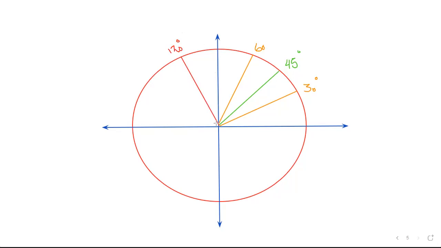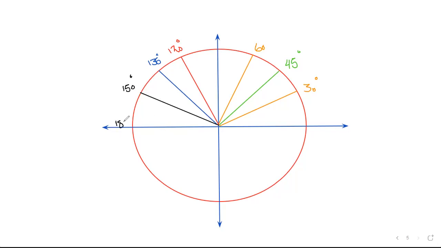And I'm just going to build 135 degrees. Now, I'm just going to move a little bit further, and I'm going to build the angle which is going to be 150 degrees.